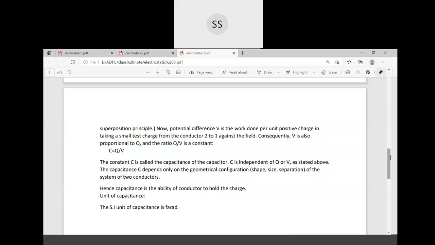If we had a blackboard, I could explain this. I hope you all understand that Q is directly proportional to V, and when we put the proportionality constant C, Q equals CV, and to find the value of C, C equals Q divided by V. That constant C is called the capacitance of the capacitor.